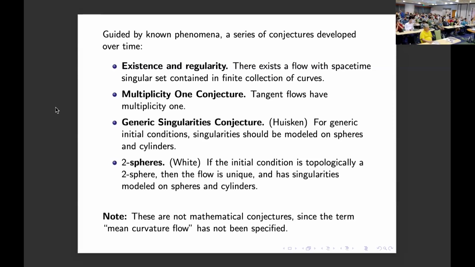Brian is pointing out that if the initial condition is mean convex or genus zero, then you have a good understanding, but otherwise, not.